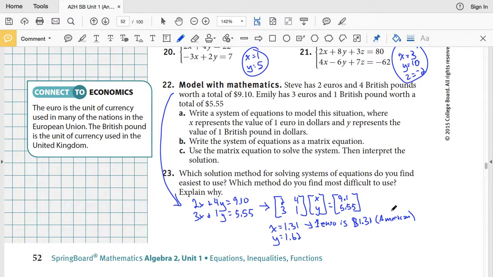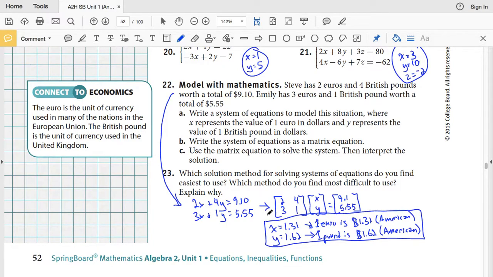There are other countries that use dollars, like Canadian dollars, for example. So I guess we're going to say American dollars. And then here we would say 1 pound is $1.62 American. Pretty sloppy, but it's doing a lot of auto-correcting here. And I guess we'll just put the whole thing like that.